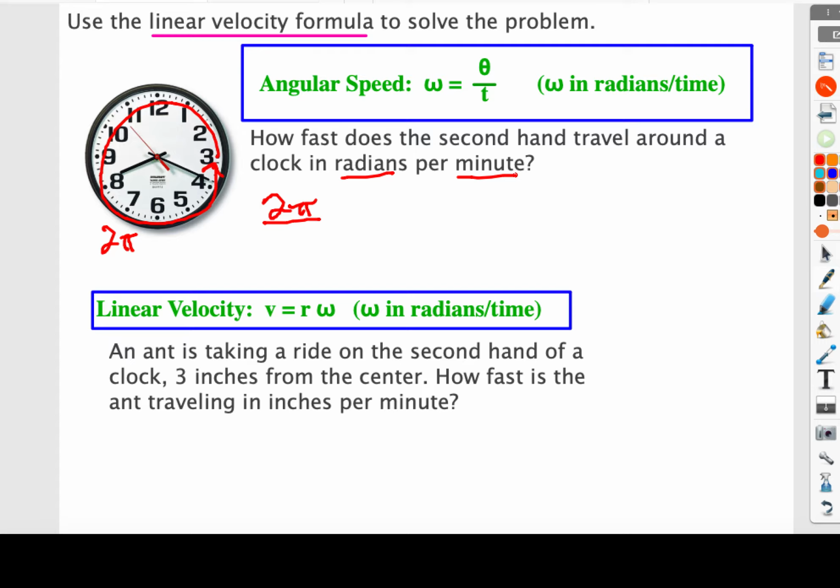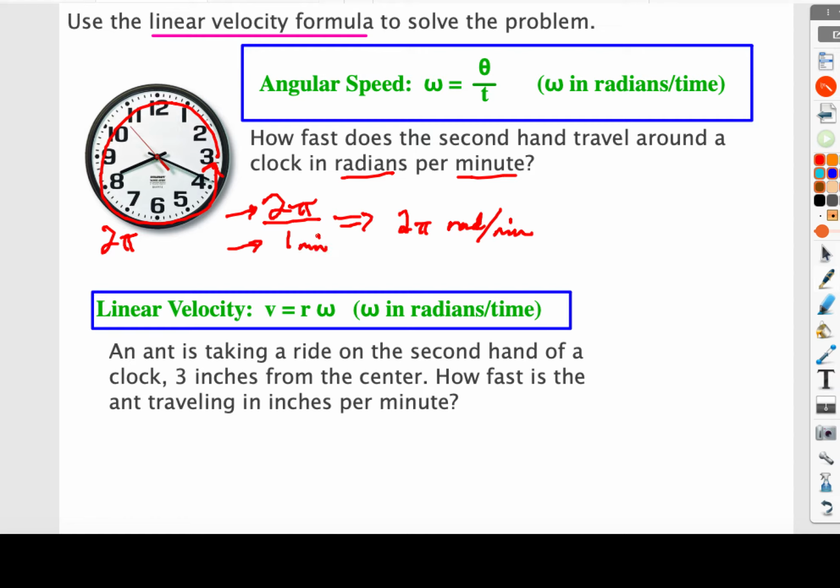So basically, we're going to go 2 pi radians per minute. Just that simple. It's going to make one rotation every minute. So that was kind of an easy one there. But notice that we divided our radians by our time, by our minutes, very simply.